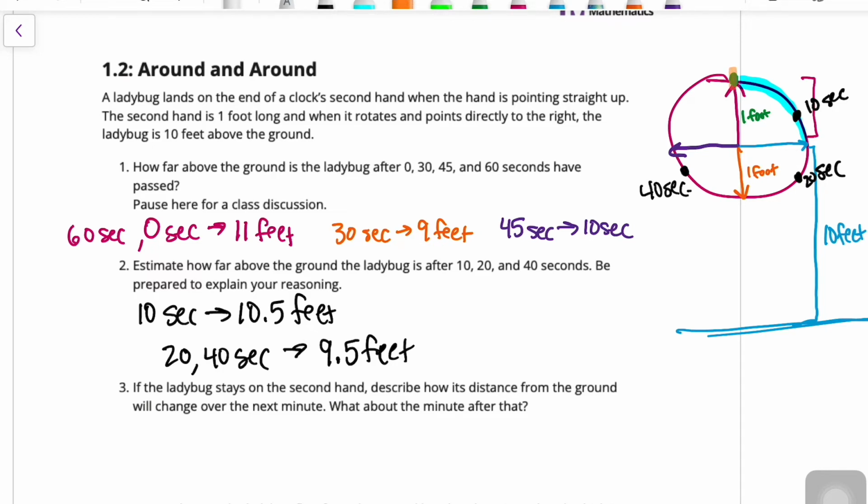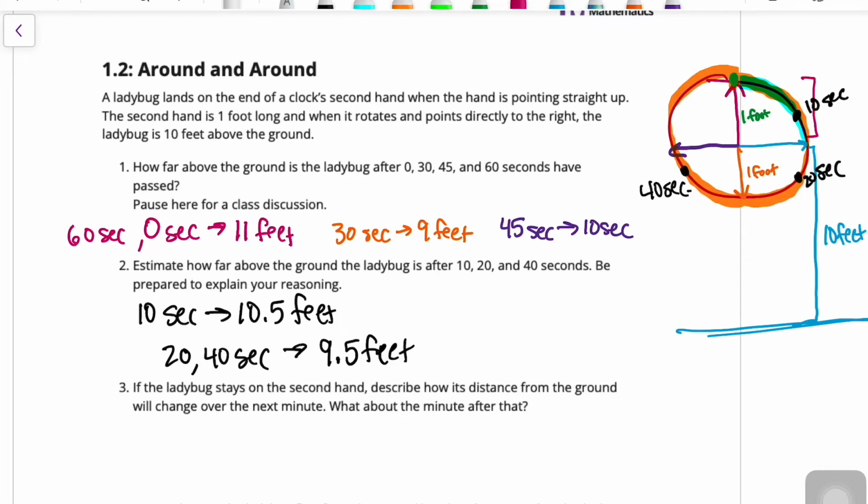so we're up here at, what was that, 11 feet? And then it's coming down to 10 feet, coming down to 9 feet, coming back up to 10 feet, and then back up to 11 feet.